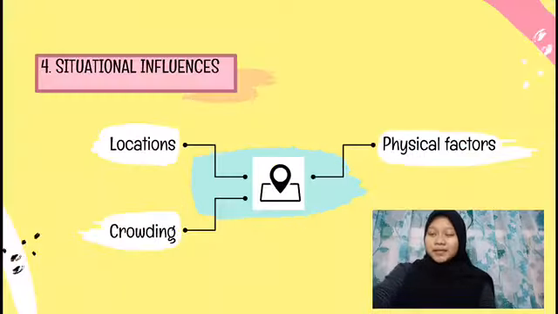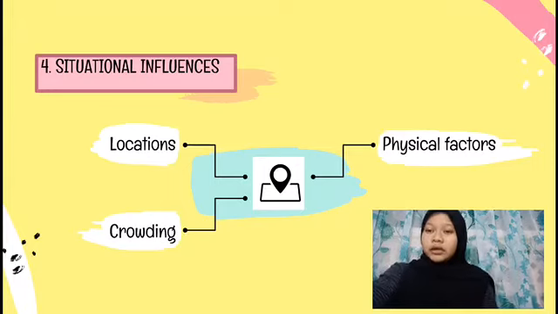Next, the other factor that influences the customer's buying process is situational influences. The situational influences are broken down into three factors, which are location, physical factors, and crowding. The physical factors are the most readily apparent features of a situation.